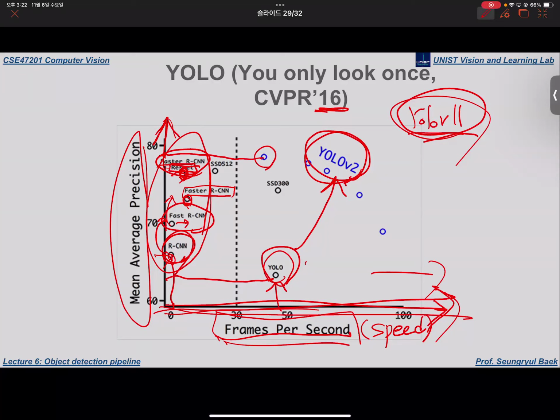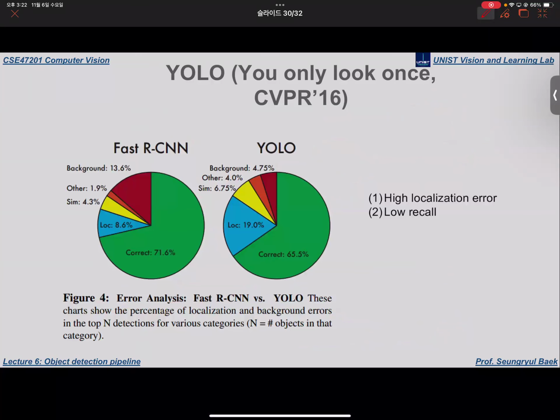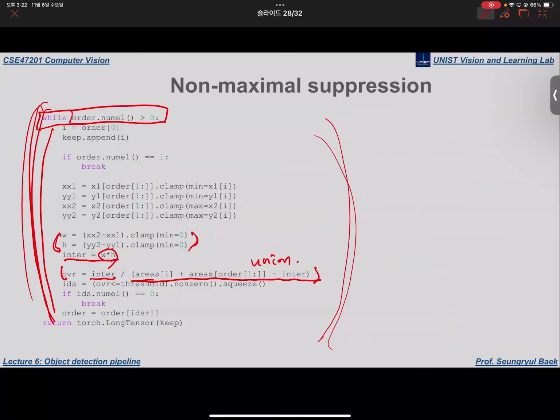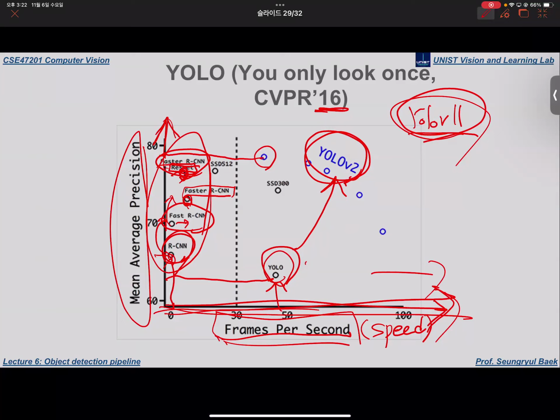So many people are becoming aware of this algorithm and trying to use it in practical, real-world situations. Maybe we will cover YOLO version 2 and version 3 in the remaining classes, and see what components have been changed from the original YOLO and how they improved the performance.